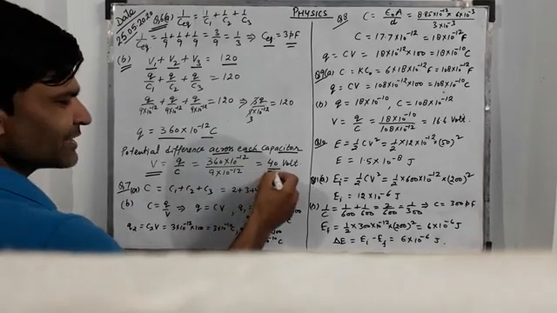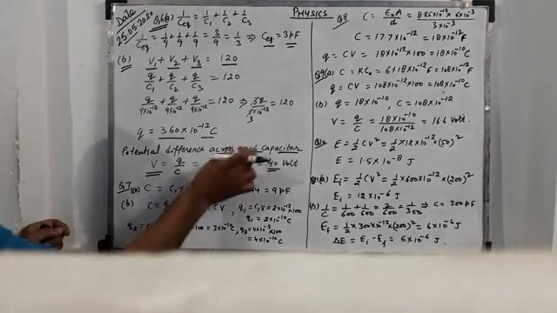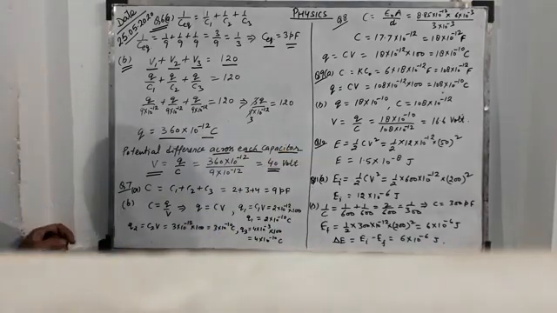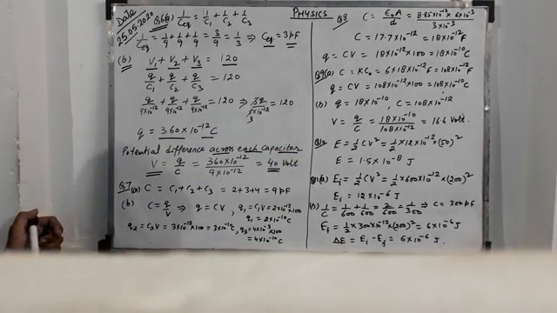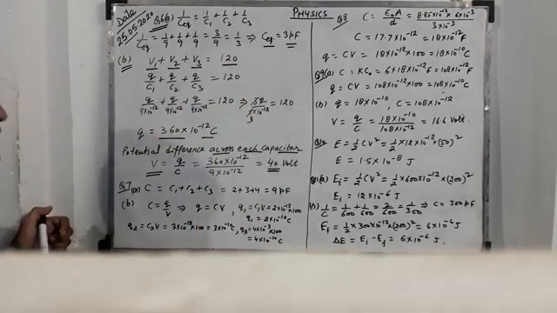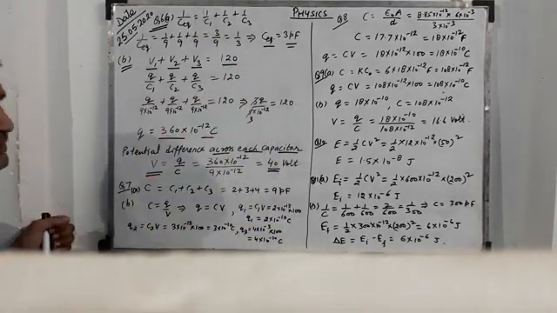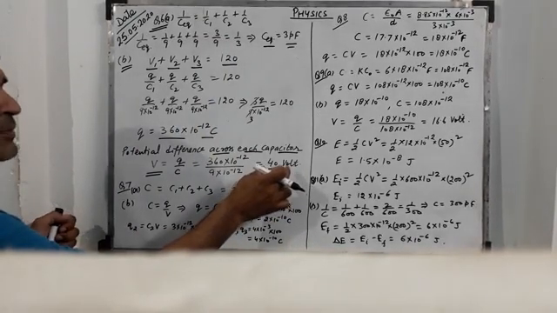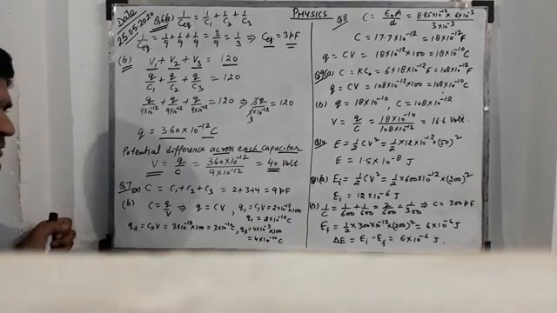So the potential difference across each capacitor is equal to 40 volt. Means the potential is equally distributed. Total potential is 120 and there are three capacitors. So the potential is equally distributed among the capacitors.